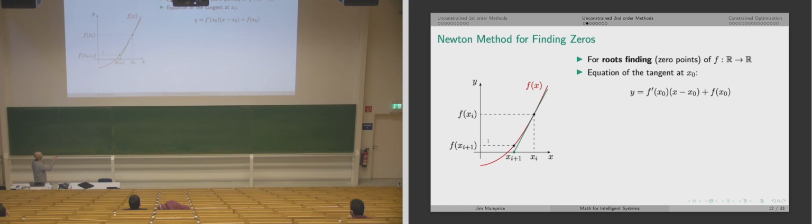So let's say that this is x0. We shift the function so that the function is centered at x0. Now, f of x0 is going to be our offset with respect to the zero line. And f prime is simply going to be the coefficient of the line. Okay? So you can see the Taylor expansion like that.